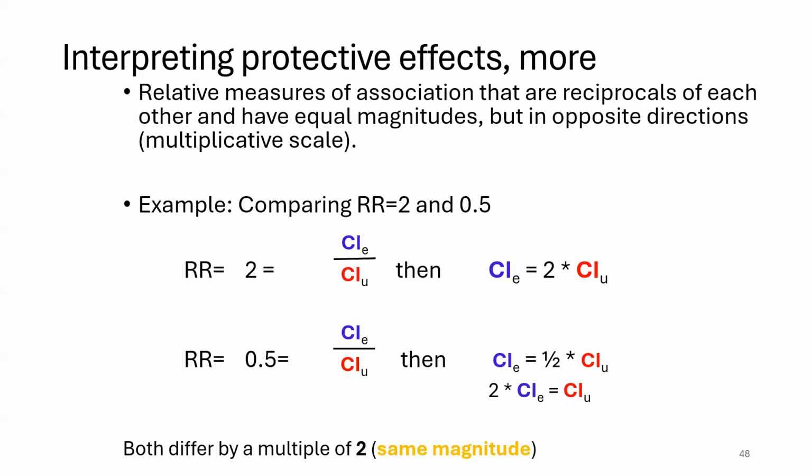So you have a protective factor happening here. So by calculating the inverse of the one that is below one, so the protective factor, you can determine which one has the greater magnitude by putting them on the same scale. So because they're both on a multiplicative scale, you will be able to extract some of that information to determine whether or not the magnitude is the same.